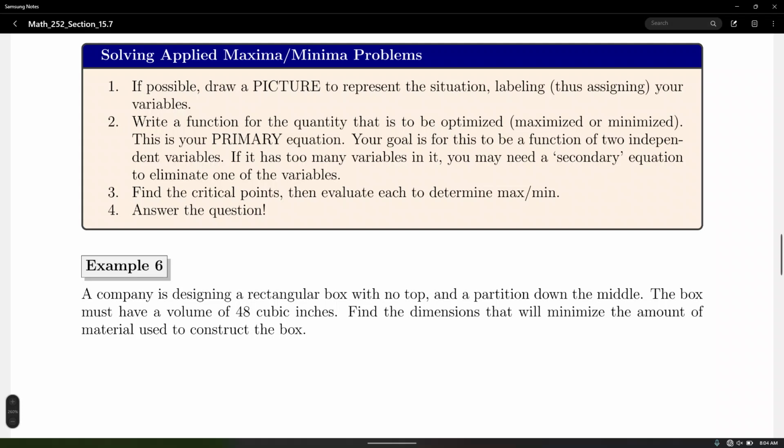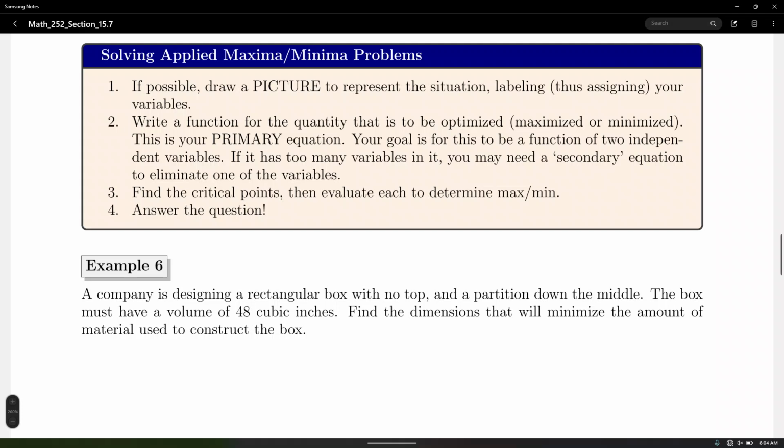Recall from Calc 1, when you're solving optimization problems, you have a primary equation and a secondary equation. The primary equation is the one we do the calculus on: the derivative, set equal to zero, etc. The secondary equation is the given information or a constraint typically.